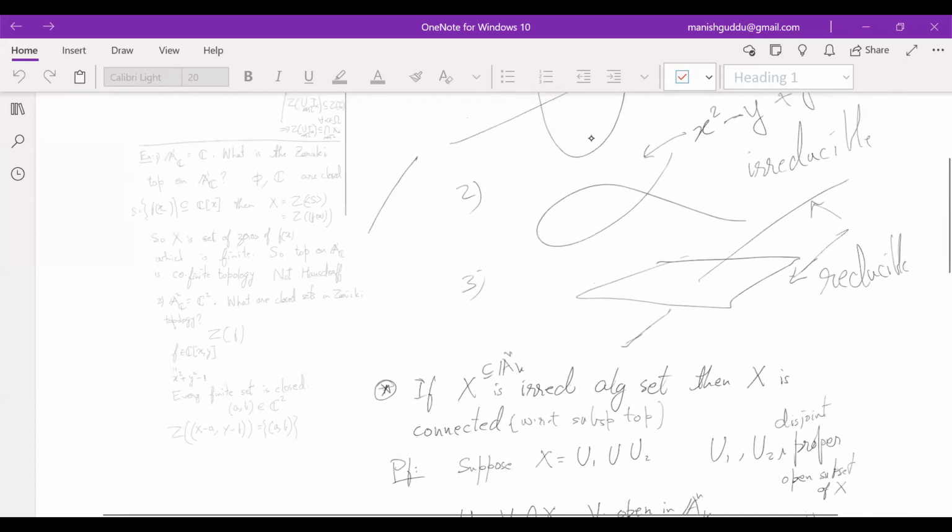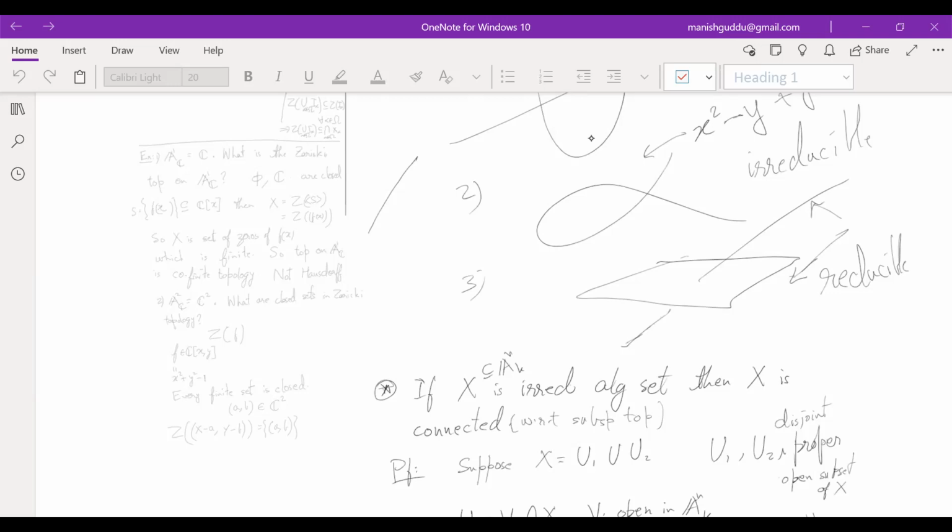The elliptic curve, or for that matter a hyperbola, has two connected components if you think in terms of classical topology, but I don't think you can break it up in an algebraic way.